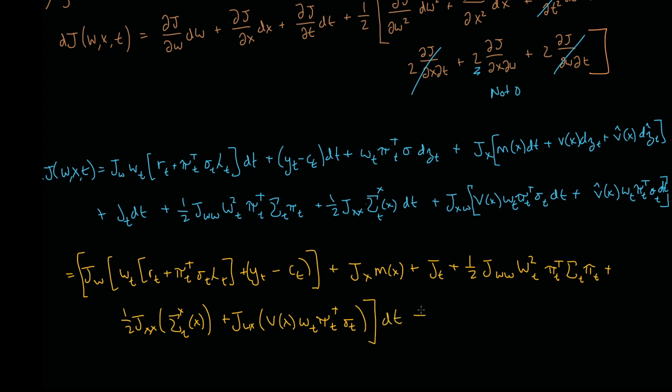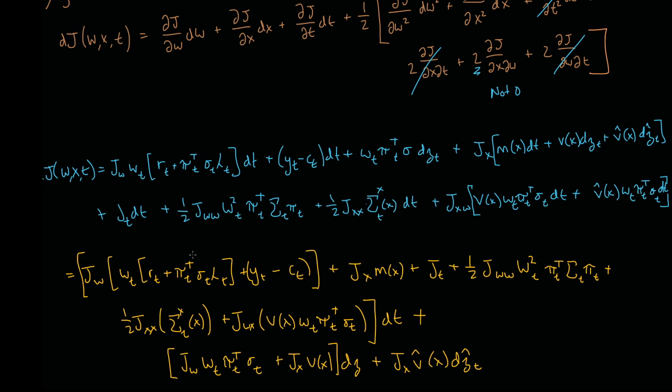dt plus the stochastic part, and there's two stochastic parts, we have a dz and a dz hat. So we're going to get jw wt pi t transpose sigma t plus jx v of x, and that is our dz term, and then we have one lonely sad little dz hat, which is just jx v hat of x dz hat t.